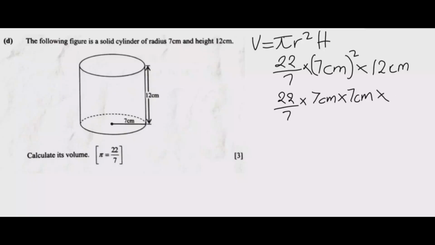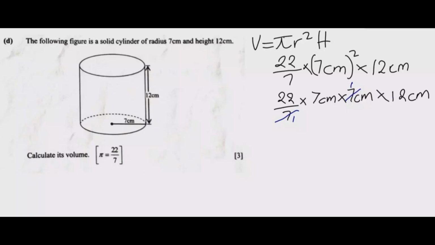Now you can see that the 7, the denominator here, can be cancelled with any 7 on top. So I'm going to use this 7 to cancel this one out. I could even use the other one, but I've chosen this one. So this 7 and this 7 will cancel each other out, leaving us with 1 here as well as 1 centimeter here.